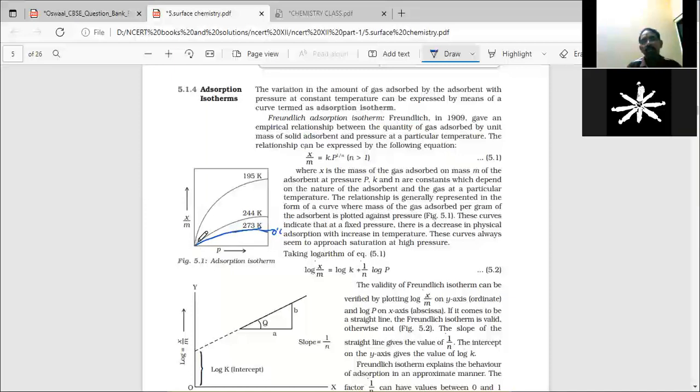Then he changed the temperature, sorry, decreased it, not increased: 273, 244, 195. When temperature is less, more gas is adsorbed. After a certain time, whatever pressure you increase, the graph goes parallel. Did you understand this graph now?